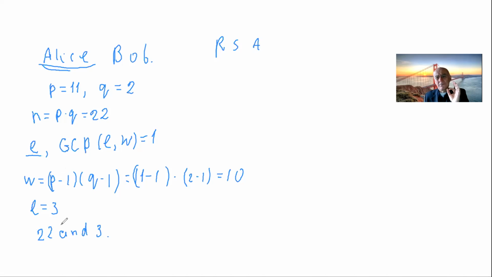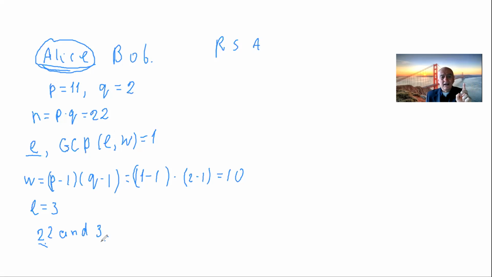So let's now emphasize what is public and what only one person, Alice, knows. 22 and 3 are public numbers, but only Alice knows how she got this number 22: she multiplied 11 by 2.